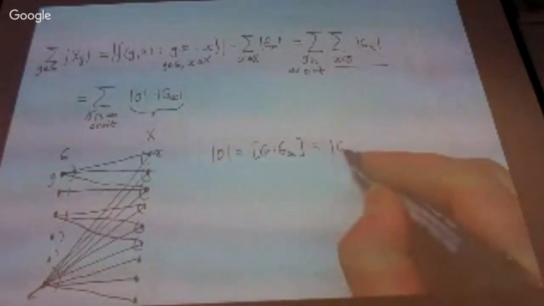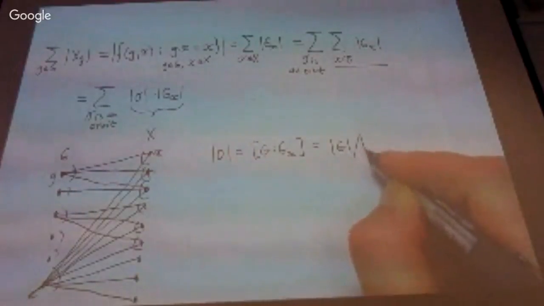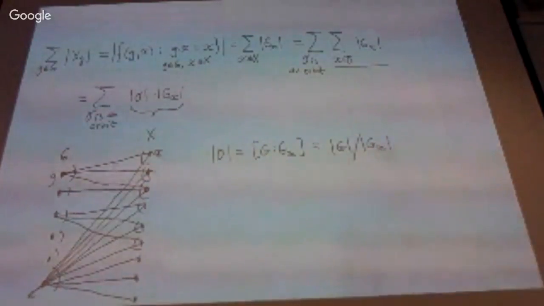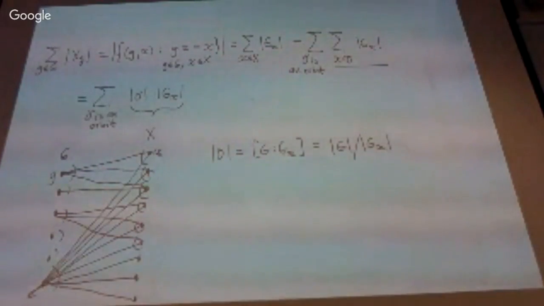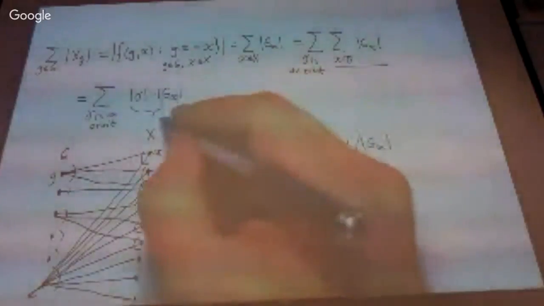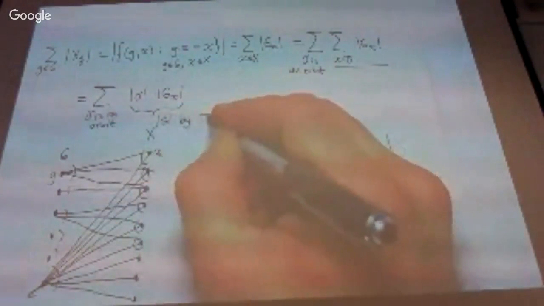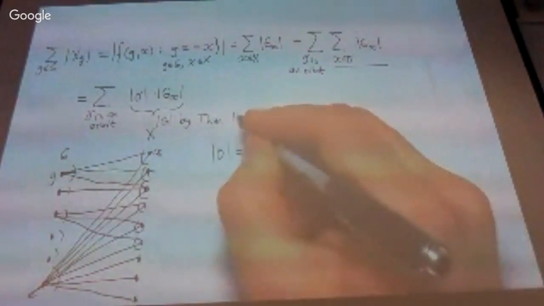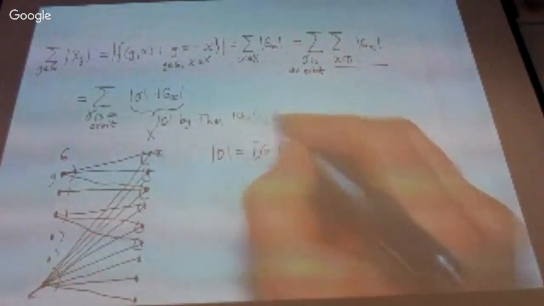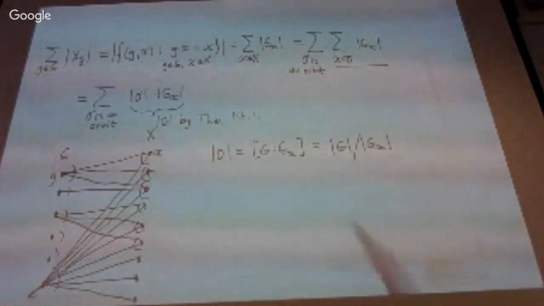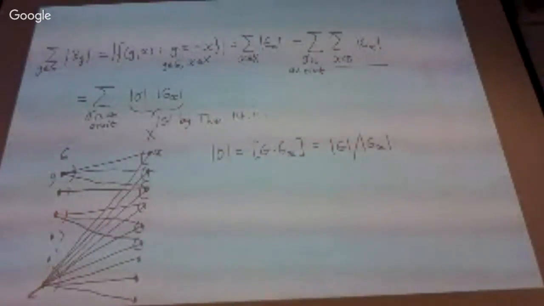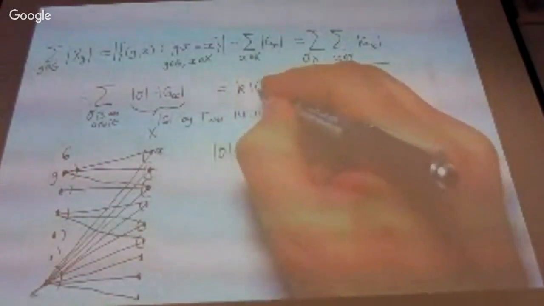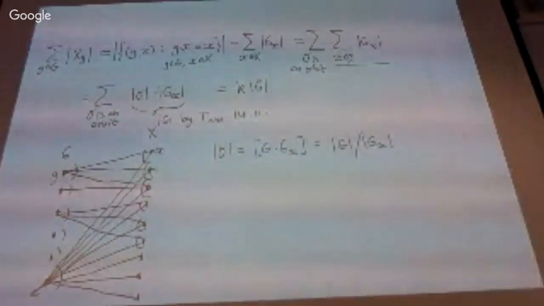So this is the order of G divided by the order of G_x, so G_x times the size of its orbit is the order of G. So what you're doing is for every orbit, you get the order of G. So k orbits, and k times you add together the order of G.